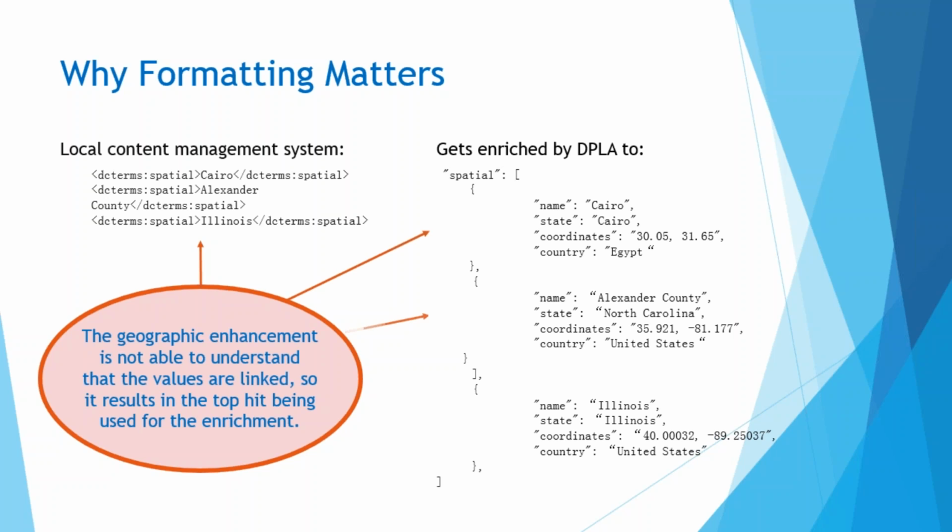And because Illinois is not geographically ambiguous, it actually gets matched correctly. And bad matches like the first two can be fixed by combining the geographic terms into a single field. That way the machine readable enrichment is able to understand that better.